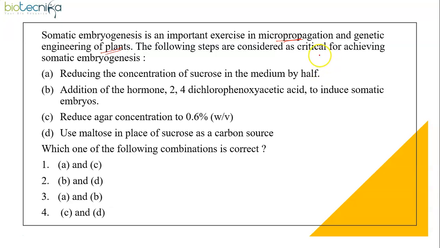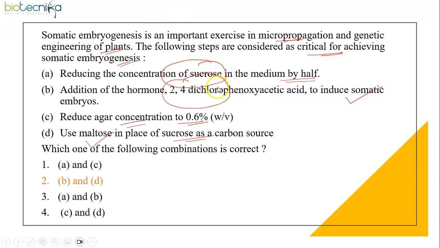The following steps are considered critical for achieving somatic embryogenesis: reducing the concentration of sucrose in the medium by half, addition of a hormone like 2,4-D to induce somatic embryos, reducing the agar concentration to 0.6%, use of maltose in place of sucrose as a carbon source. You need to identify the correct combination of statements here. The correct combination is statements B and D.